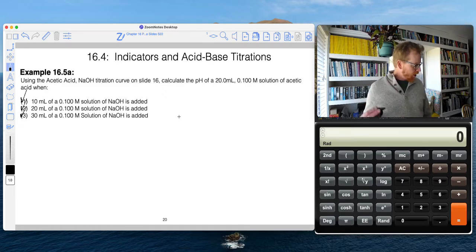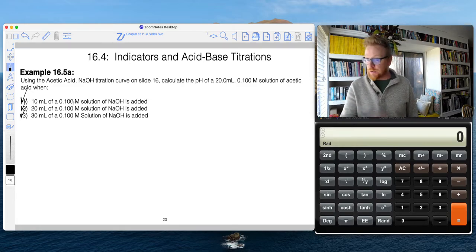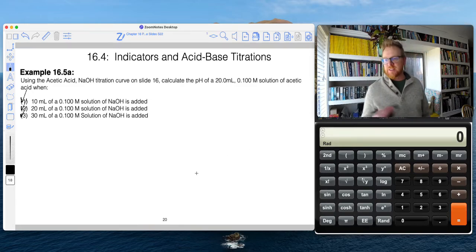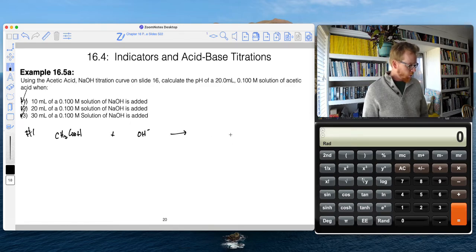What I want to do first is recognize that I'm adding strong base to a weak acid. Acid reacts with base, so this is going to be a before and after table calculation. So we'll say number one here. I'm going to start with my reaction, CH3COOH, and I'm going to give myself plenty of room to work through all of this.